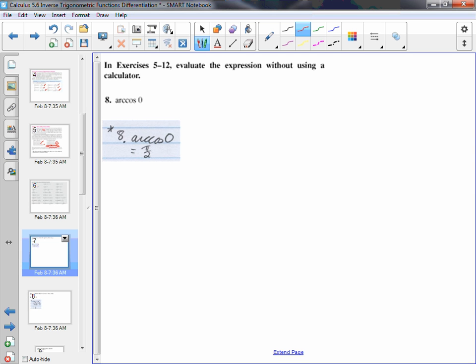Well, if you've got your unit circle memorized, or you've got your trig table with you, the arc cosine of 0 is the angle whose cosine equals 0. So either have it memorized or look it up. What angle has a cosine that's equal to 0? Pi over 2. And we do want it in radians. 45 degrees is correct, but we want it in radians. So pi over 2.